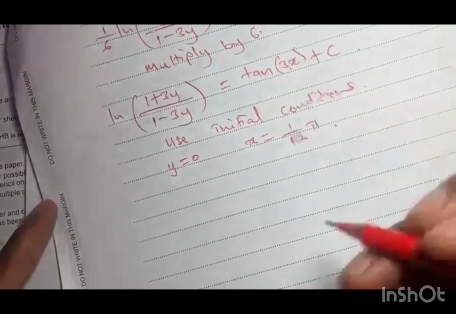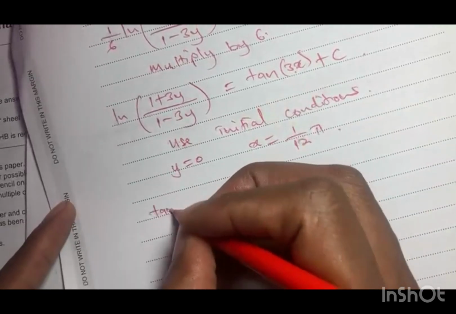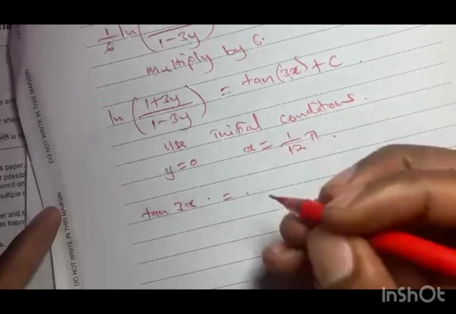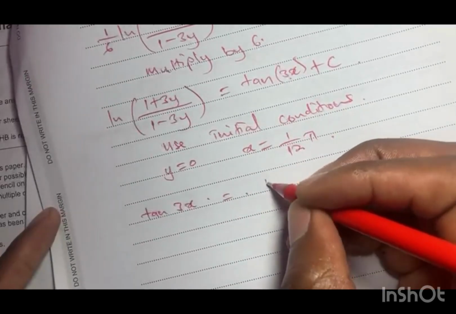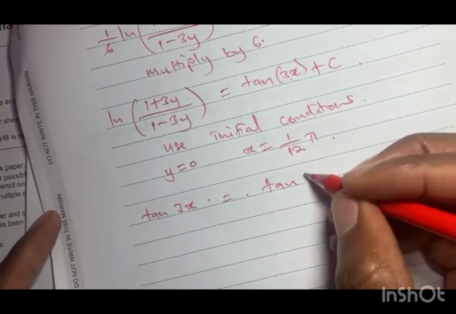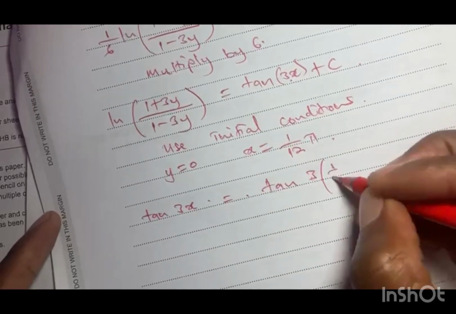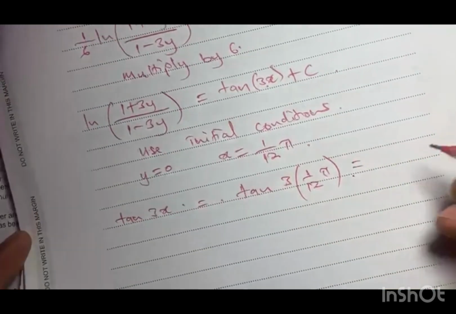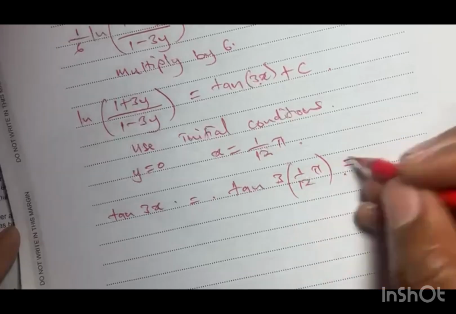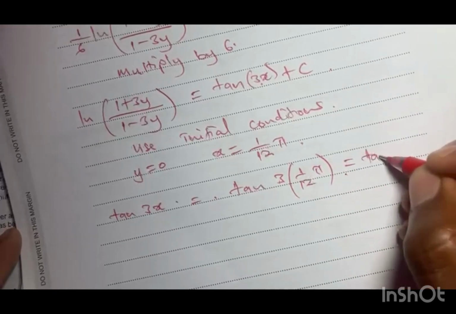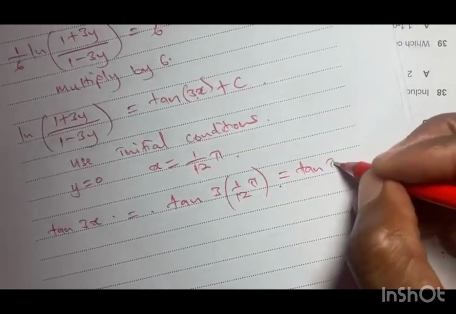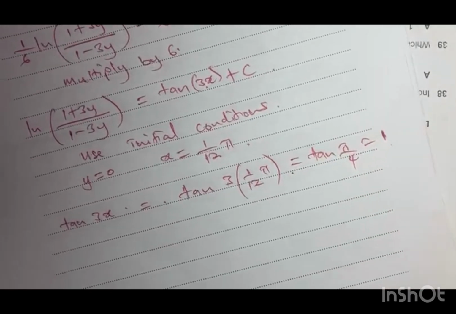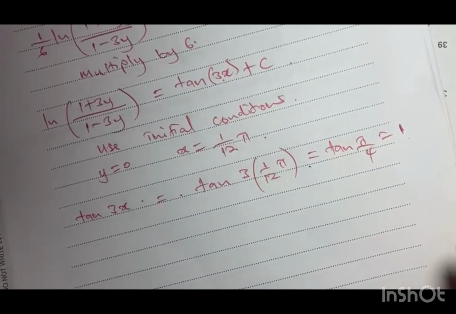So tan 3x will be equivalent to tan 3 open bracket 1 over 4 pi, which is equivalent to tan pi over 4, which is equivalent to 1. If you punch it in the calculator, you're going to get 1.